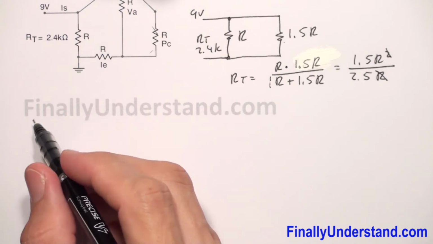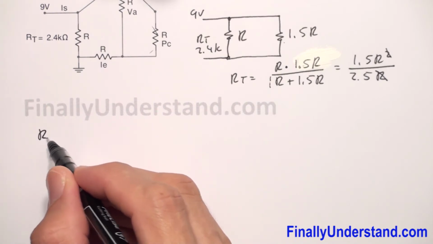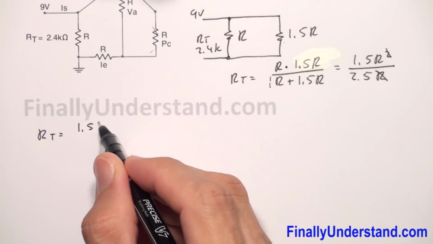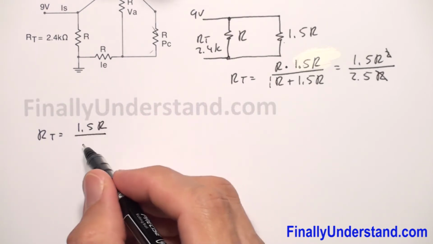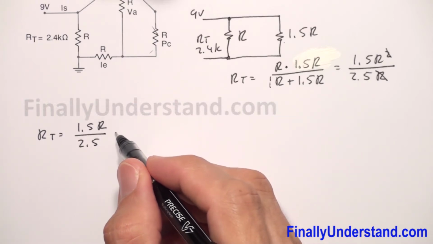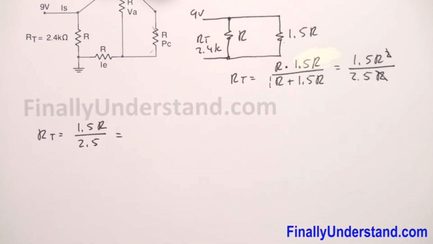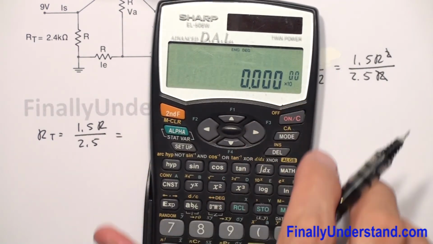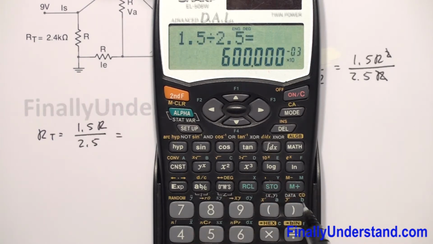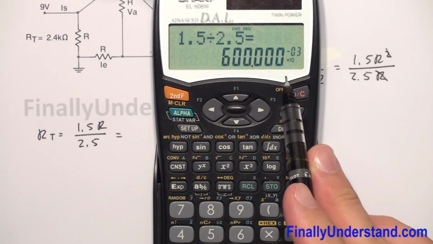We have R total is equal 1.5 R over 2.5. So this is equal, you can use the calculator if you want to, 1.5 divided by 2.5. This is equal 600 milli.